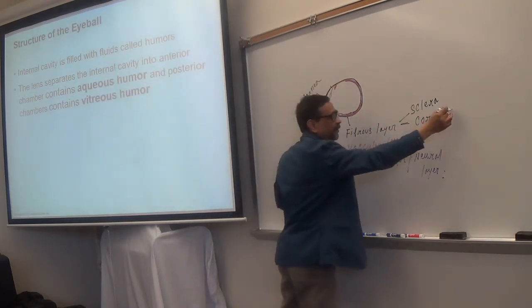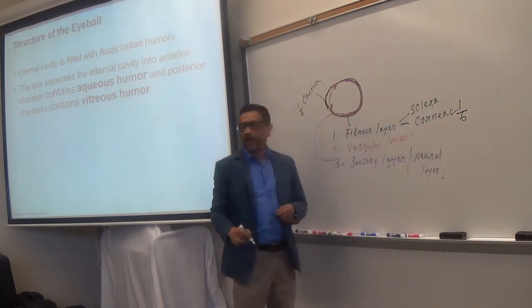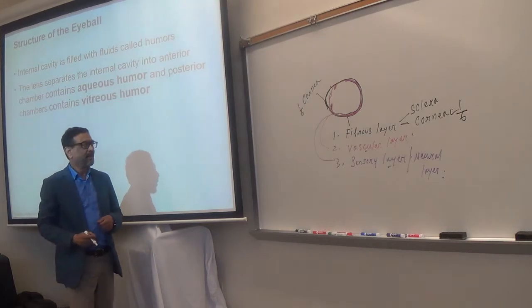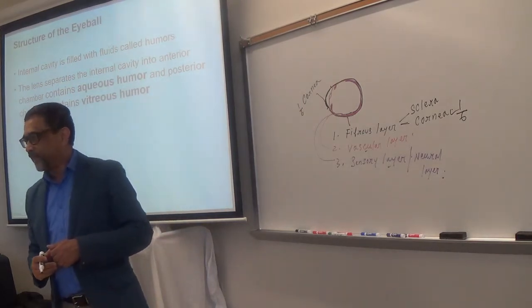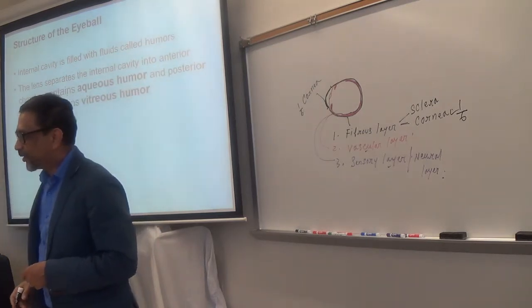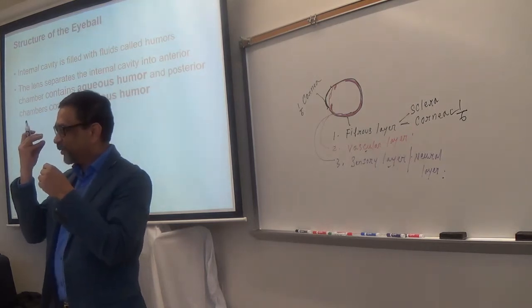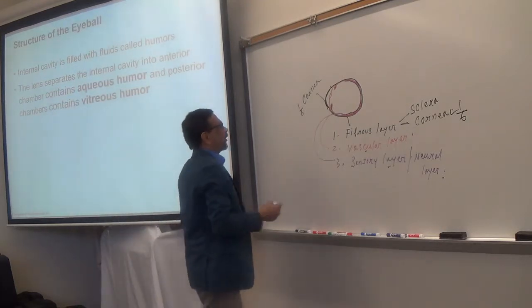So cornea is anterior 1/6 part of fibrous layer, most front part, and which is what? Transparent or opaque? Transparent. Okay. Cornea is highly transparent, so light can get in, and that's why it is in the front. Make sense? Light can easily get in.